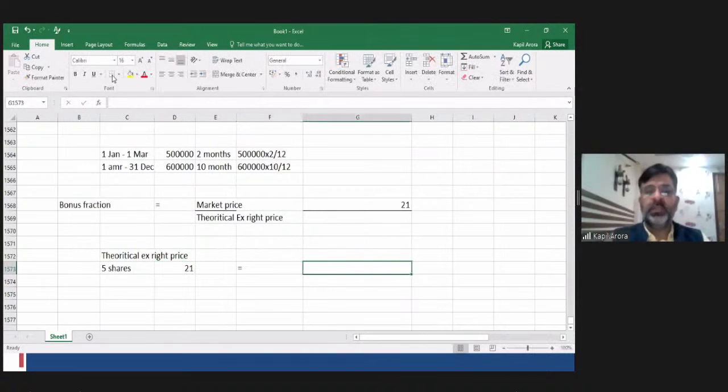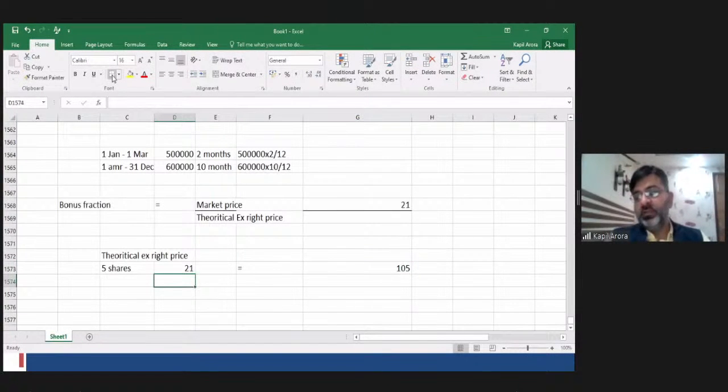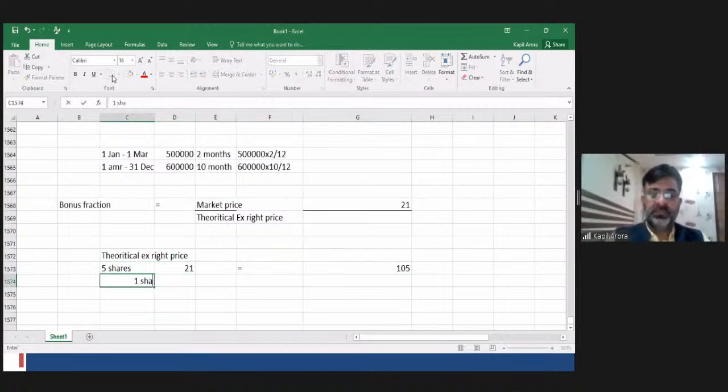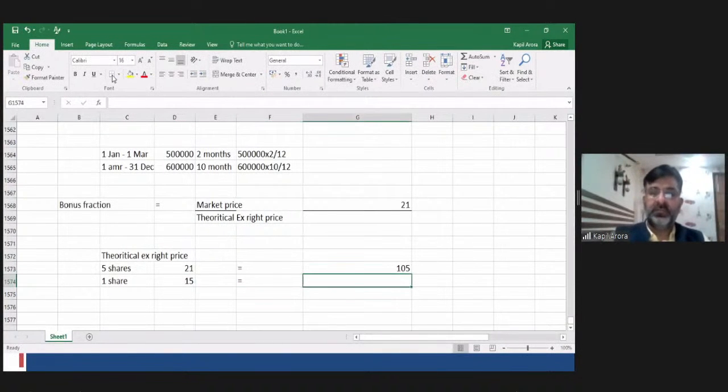So how much money you have to spend? 21 into 5. First you need to spend 105 to get that one share. And how much will you spend on that one share? You need to pay 15.